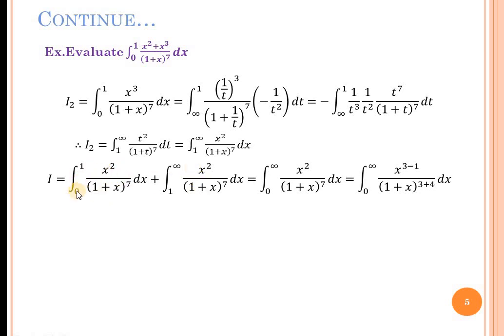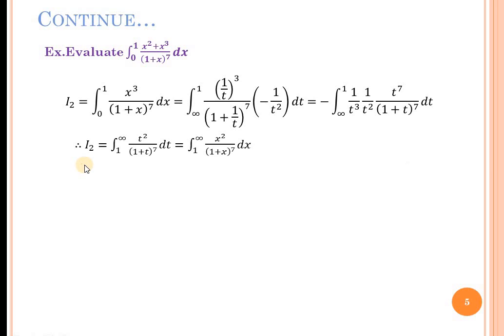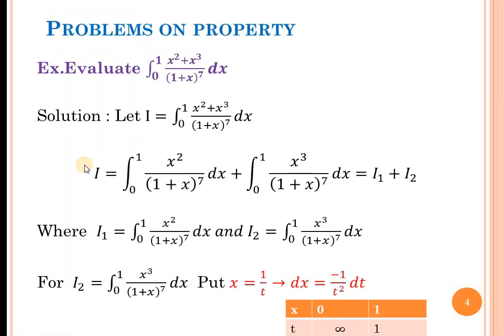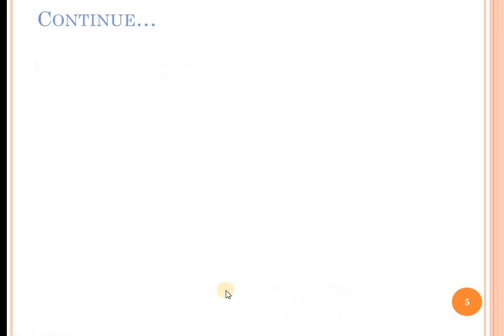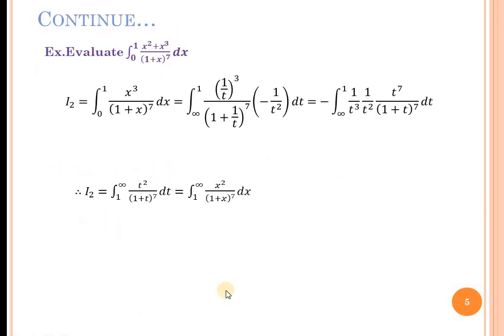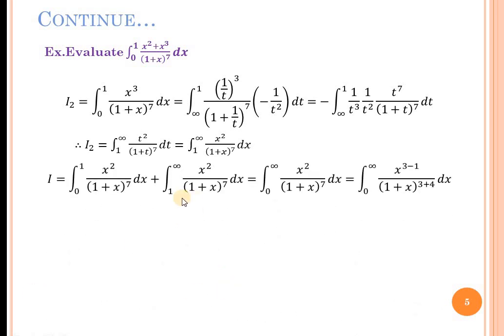My I1 is the integral from 0 to 1, and I2 is replaced by the integral from 1 to infinity of x² upon (1 + x)^7 dx.